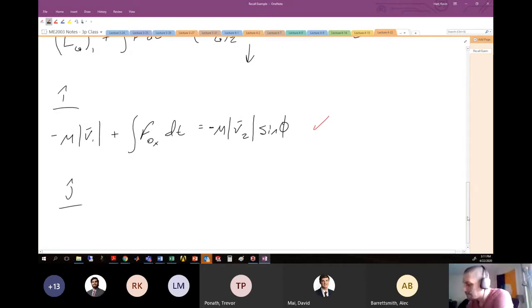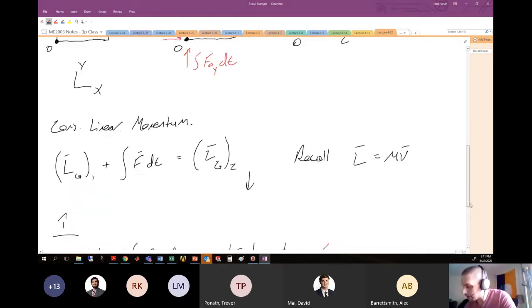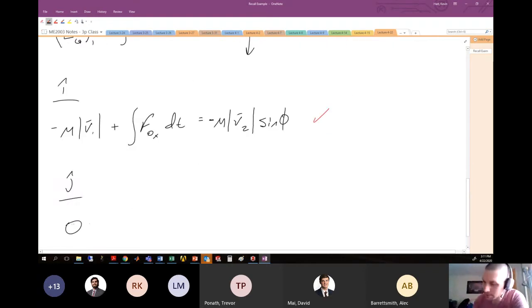Similar idea in J hat. No components of linear momentum in J. It's only moving in this X direction. So here initially we have nothing in J. We're going to add to that the integral of the forces at O in the Y direction integrated over time. These are my impulses that act.